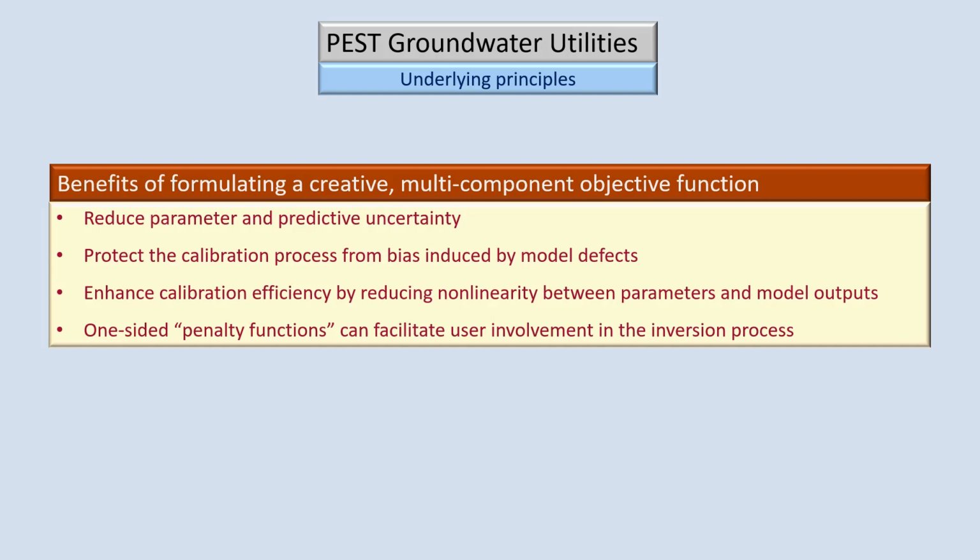Still, other utilities can allow us to form penalty functions that can facilitate user involvement in the inversion process, providing yet another mechanism for attainment of a minimum error variance solution to the inverse problem.